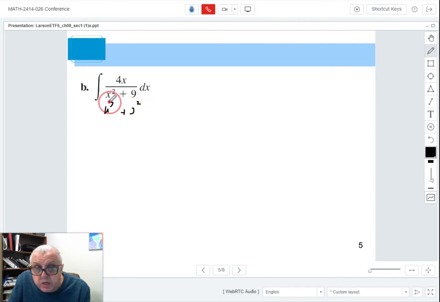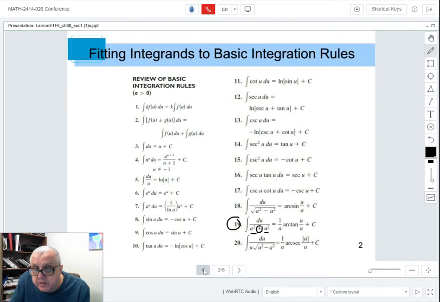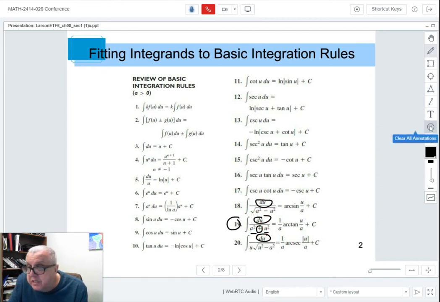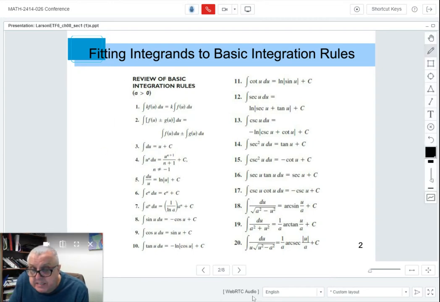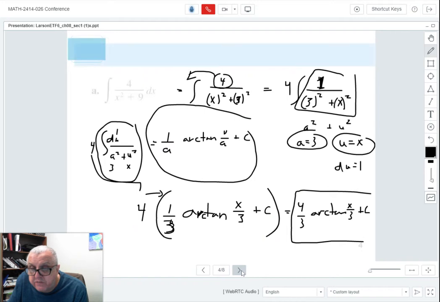I mean, you can try at first, but if you go back to the formula sheet, there's no x on top of any of these. Do you see how there's no x value? So we have to use a different method. There's no straight formula that I can use. So we have to try to use something different than one of these formulas.